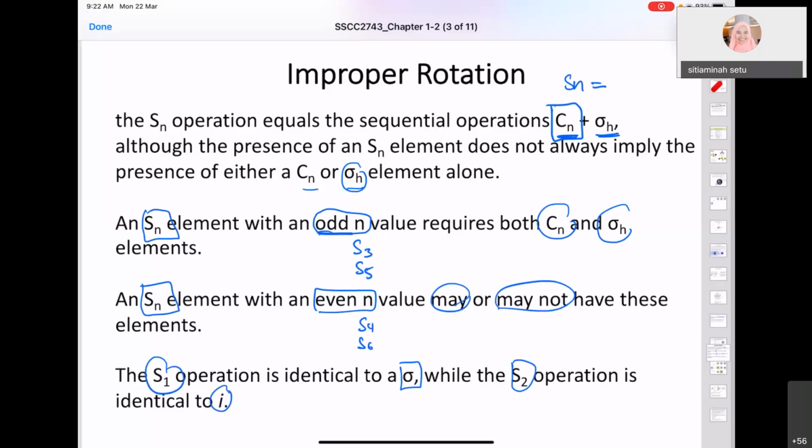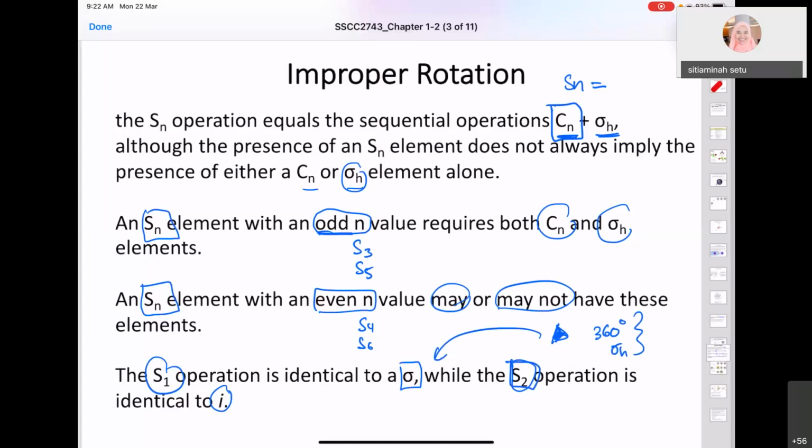Kalau S1 kita tak consider dia sebagai symmetry operation sebab dia sama sahaja macam reflection. Contohnya kalau you bayangkan kita rotatekan objek ni 360 degree sebab S1 kan, S1 is 360 degree, kemudian kita reflectkan dia kepada sigma h. So actually this operation is equals to the reflection itself. Sama juga S2.